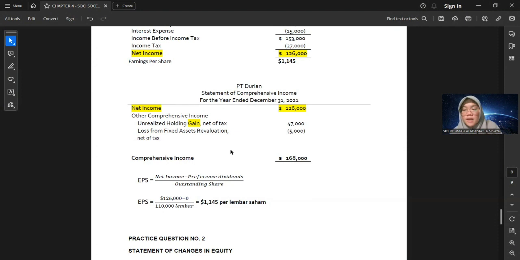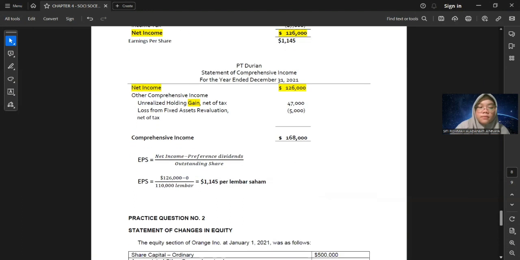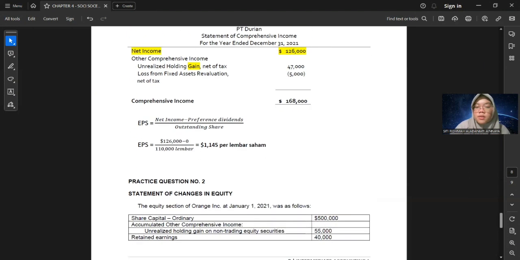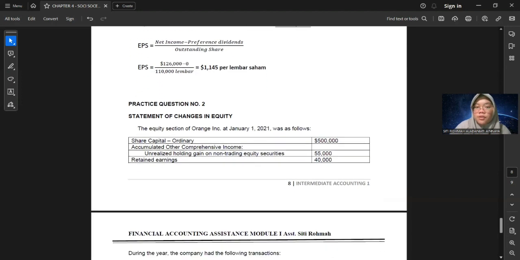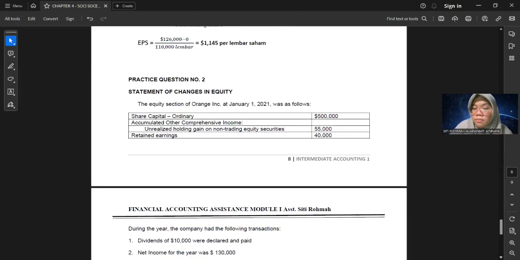So we put them in a statement of comprehensive income. Okay, the final is we will get comprehensive income. Okay, we have finished the answer to question number 1.